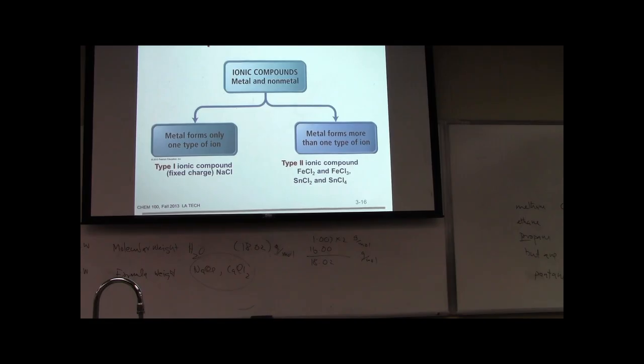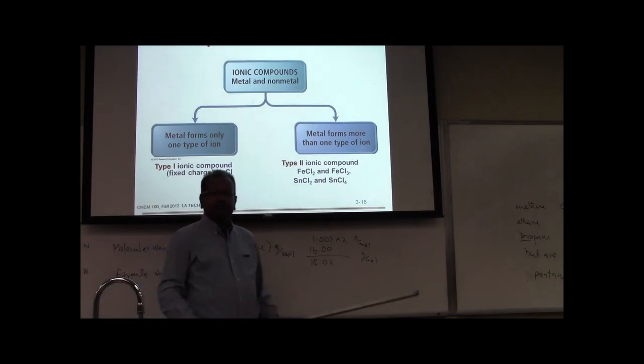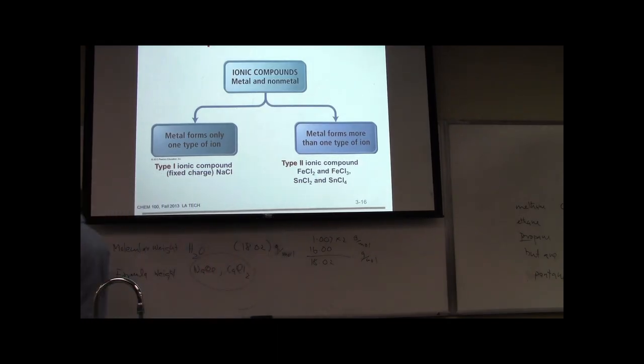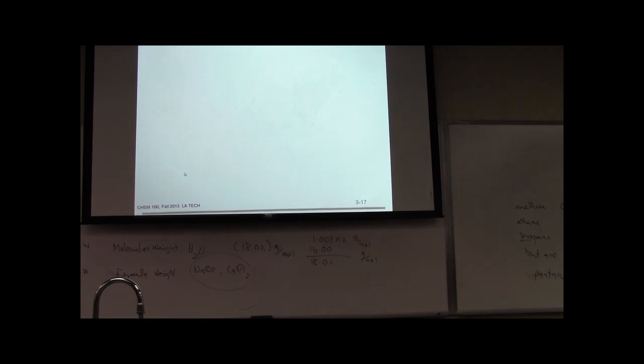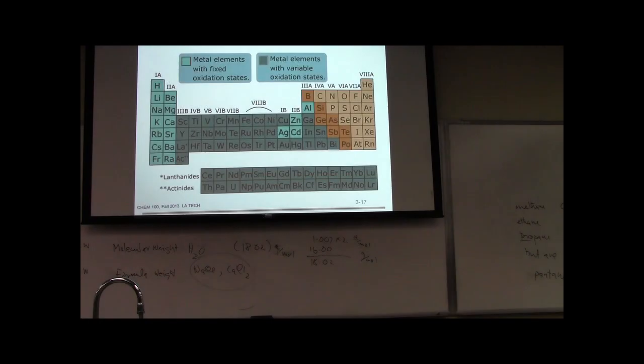Now I'm going through this again and again: type 1, type 2. I'm going to get a periodic table and show you where type 1 are.